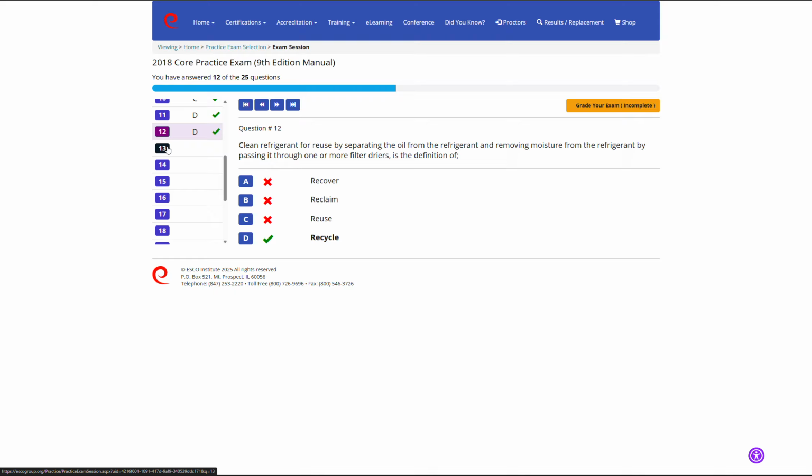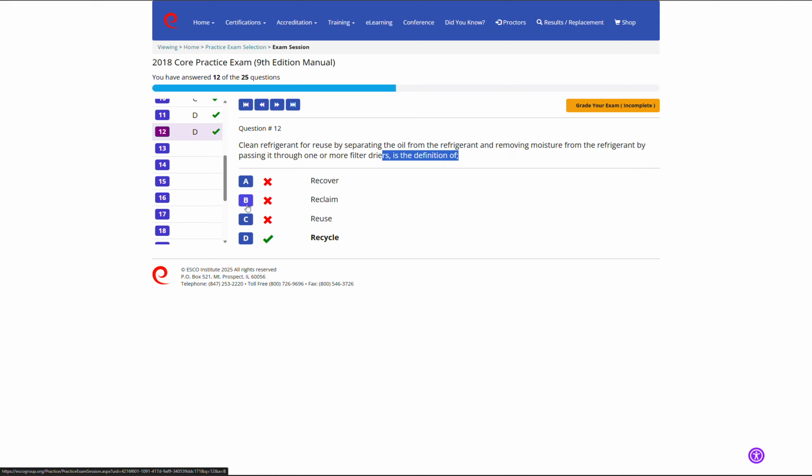So what's the difference between... okay, check this out. Clean refrigerant for reuse by separating the oil from the refrigerant and removing moisture from the refrigerant by passing it through one or more filter dryers is the definition of recycling. Is that true?